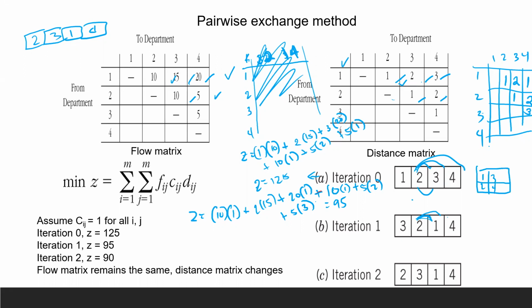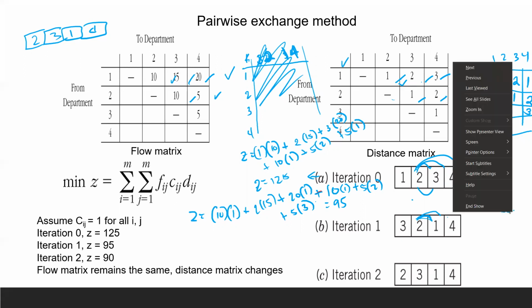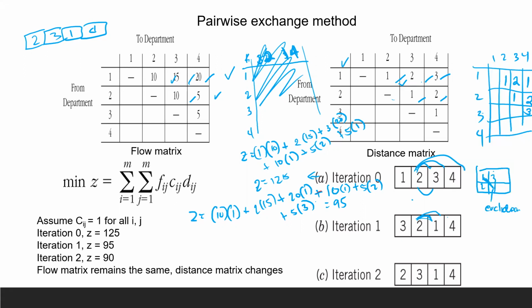So pwede nating i-treat siya, depende yun sa analyst, kung i-treat yung diagonal as 1 or as 2 units. Kumbaga, ito diagonal 1, sa Euclidean. Pero sa rectilinear, dalawa po yung equivalent niya. Nakuha? Pwede po na mag-start tayo sa ganito. Walang problema.